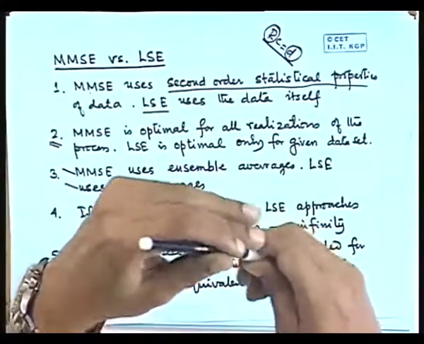Now, how am I going to get second order statistical properties? One way is to actually do ensemble averaging. That is, actually perform many experiments. For each experiment, compute the autocorrelation function, and then sum them over the ensemble. Then you will get the second order properties.